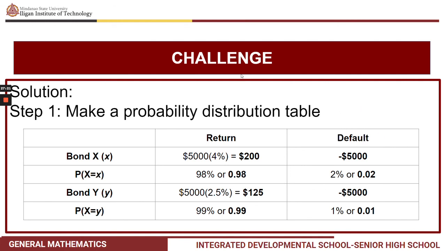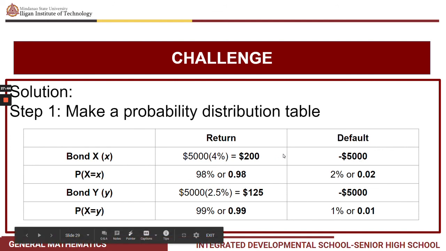So we have bond X and bond Y. So for bond X, yung return is 4% ng investment, which is equal to $200. So kapag default, of course, mawawala yung $5,000 mo. So it's negative $5,000.